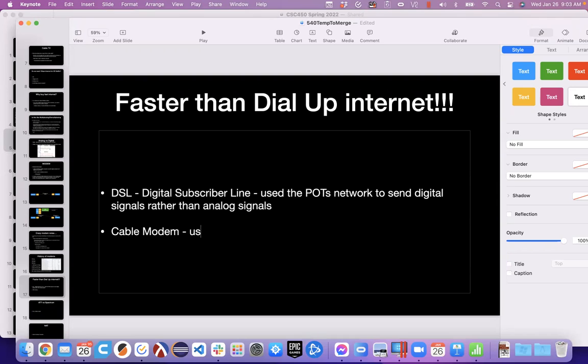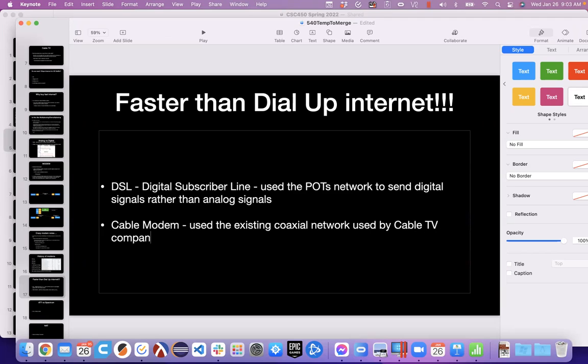Cable modem uses the existing coaxial network used by cable TV companies to connect consumer computers to the internet.